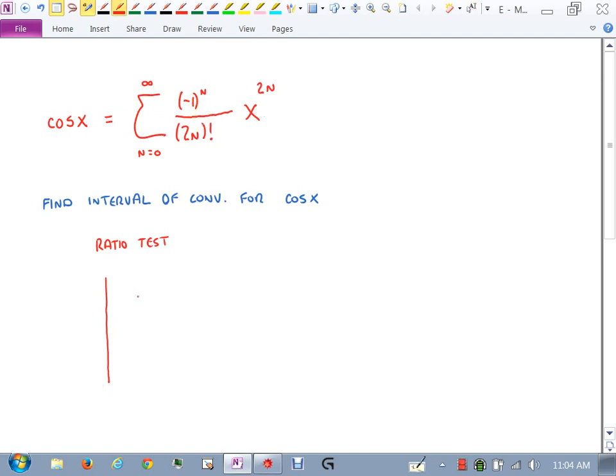I'll have x. Now here's, again, a good practice on this. x to the what? 2 what? 2n plus 1, but if we distribute that 2 through, it'll be 2n plus 2. Again, those are the little things I saw in the test. And then on the bottom, 2n factorial is 2n plus 2 factorial.